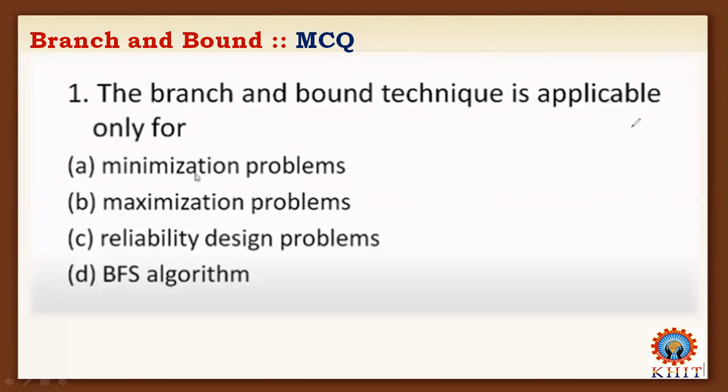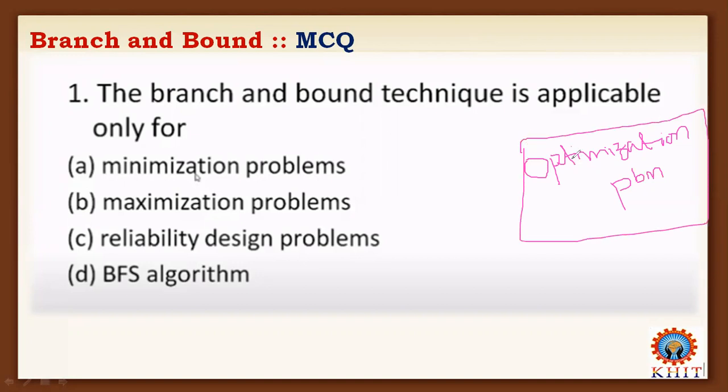It is useful for solving optimization problems. What is meant by an optimization problem? It is either a maximization problem or a minimization problem. So both maximization and minimization problems come under the concept of optimization problem.